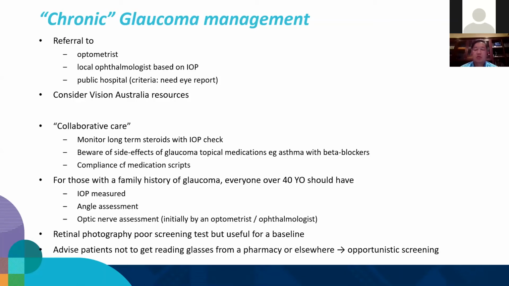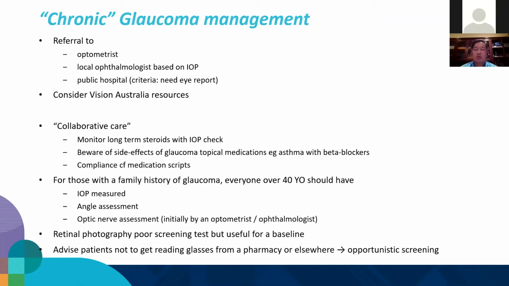This one I haven't heard before, but yeah, it makes sense. When you reach that ripe old age of 40 plus, where the reading vision is getting worse, they immediately say, let's go to the pharmacy, get some reading glasses and they see a bit better. But maybe the best thing to do is actually say to them, listen, why don't you go to the local optometrist or the eye doctor, get your eyes checked, because they can check the rest of the eyes for other problems, see whether or not you have this thing called glaucoma, or you're at risk of developing glaucoma or some other eye problems as such.